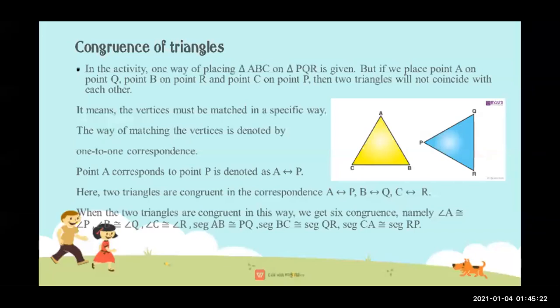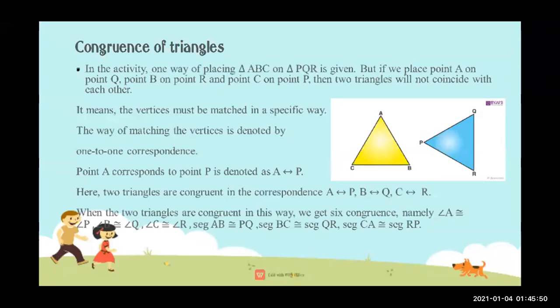That means it is not exactly same. So it is not a congruence of triangles. It means the vertices must be matched in a specific way. Now here the vertices are A, B, C, P, Q, R. These all are our vertices. That should be matched in a specific way. Now the way of matching the vertices is denoted by one-to-one correspondence.